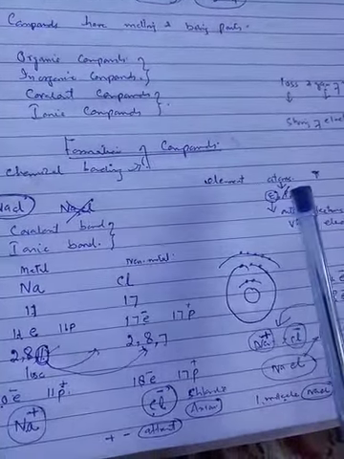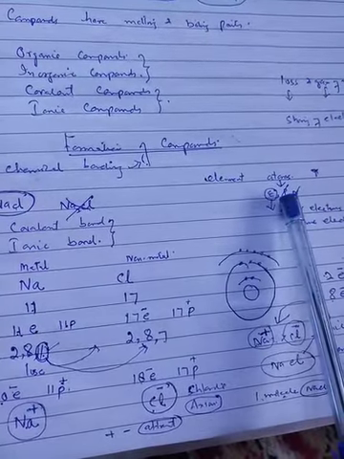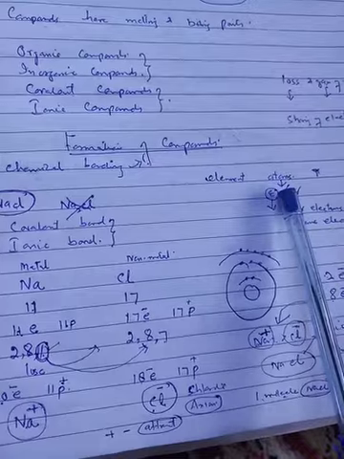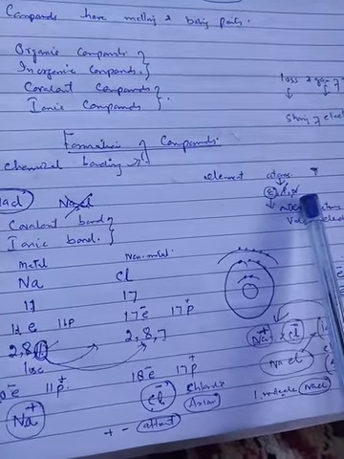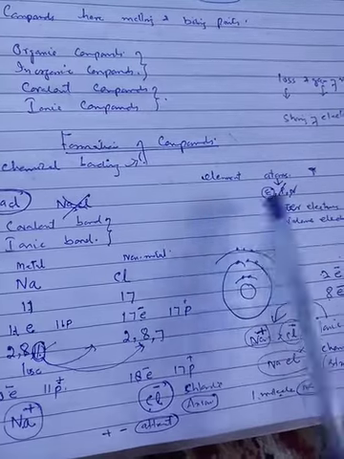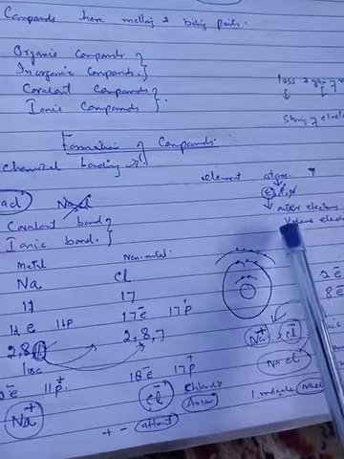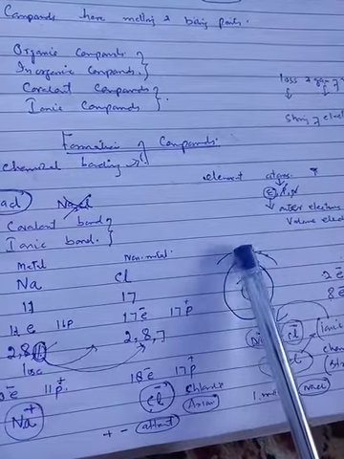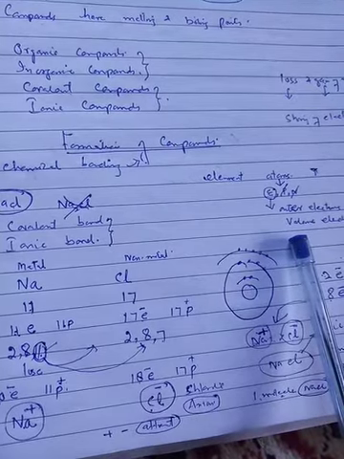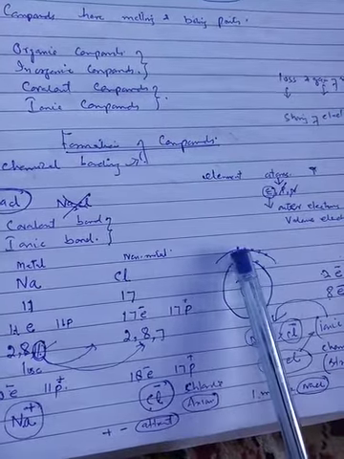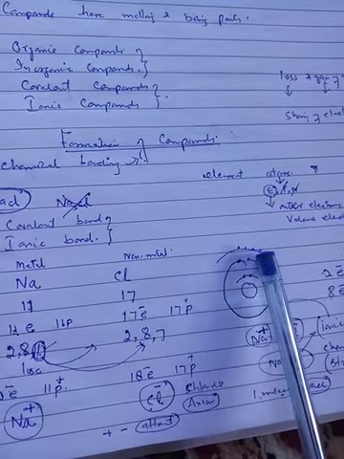So, dear students, as we know, an element is made up of atoms, and atoms have electrons, protons, neutrons, and the electrons that are present in the outer shell are called valence electrons, and only these valence electrons take part in a chemical reaction.